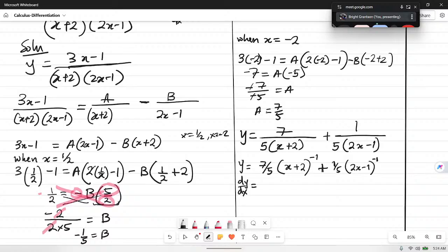So 7/5 minus negative 1. Now I'm going to differentiate this, we get 1.